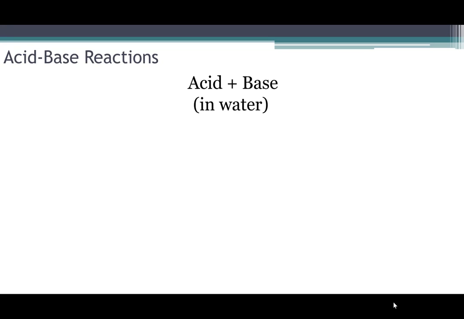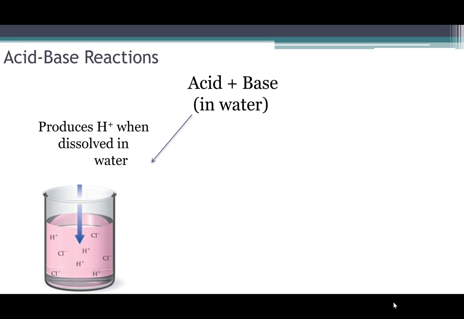But just a brief introduction to acids and bases and the way that I will always put them together in this chapter. So an acid is going to be something that produces hydrogen ions when it's dissolved in water. So acids dissolve in water very much like ionic compounds do. So they dissociate, or they break apart into their ions. When they break apart into their ions, one of the ions that they produce in solution is this hydrogen ion.